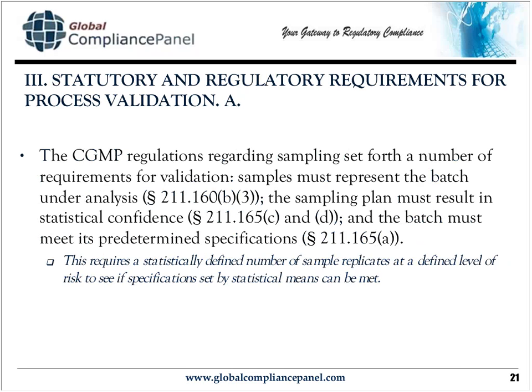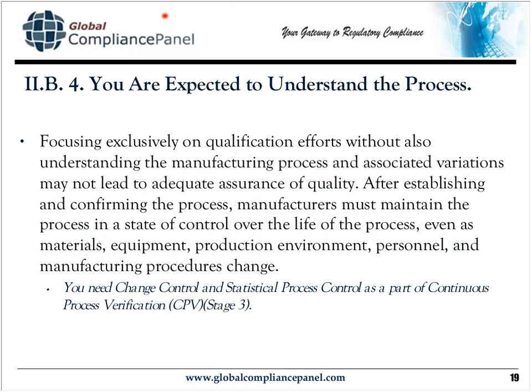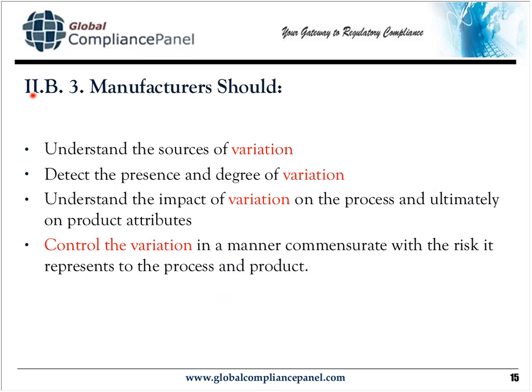Now, here we go into the process validations. And notice this. Let me back up here. You see this thing up here? These are indications from the guidance document. So this is section 2, subject B, paragraph 3. Or, well, the 3 I've sort of injected myself.